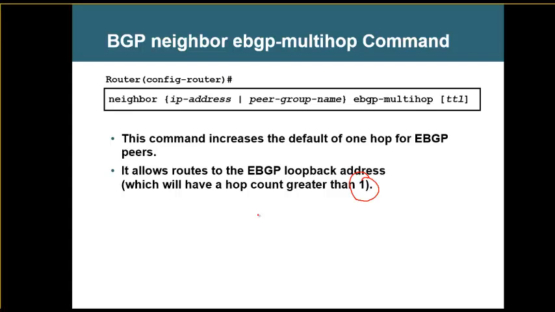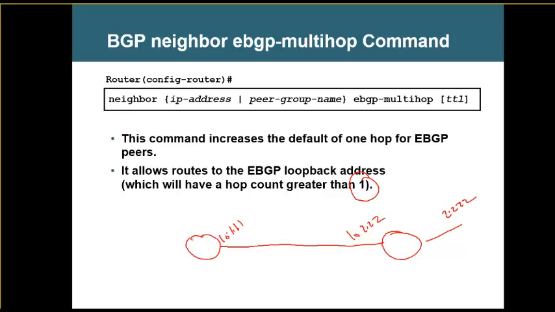Should be seen as directly connected. Look at this. If I have two routers with 10.1.1.1, 10.2.2.2, and I got loopback 2.2.2.2, 1.1.1.1.